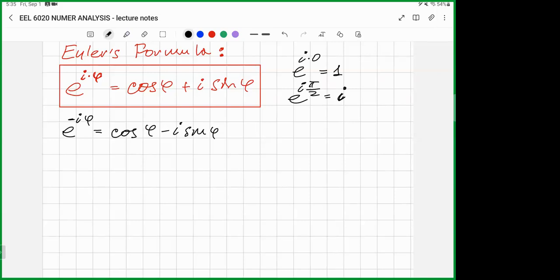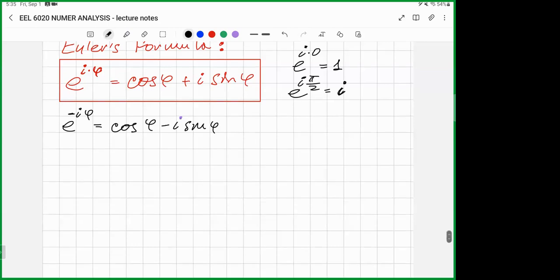So this is the complex conjugated version of Euler's formula, because this is real, so it's a complex number, and the difference is that we put minus before the I. So in order to take the complex conjugation of this exponential function, we can just substitute I by minus I.